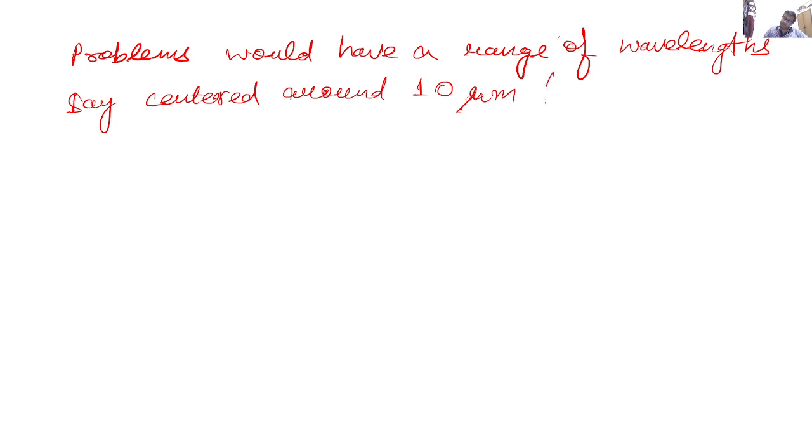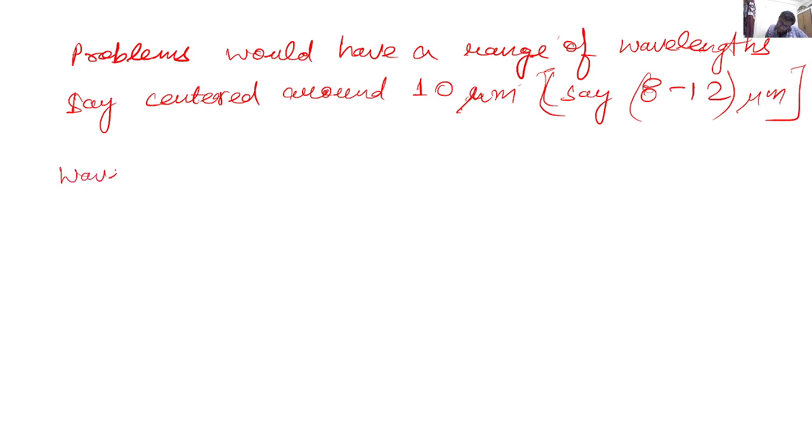Okay, let's say it would be a range. The spectral resolution is a range, a bandwidth. So let us suppose it is 8 to 12 micrometers, centered around 10 micrometers. It is very easy to understand.